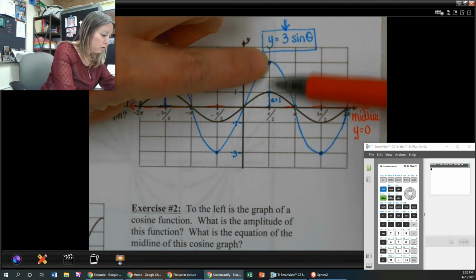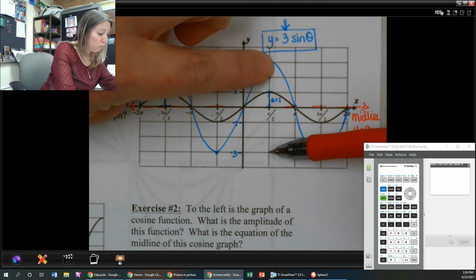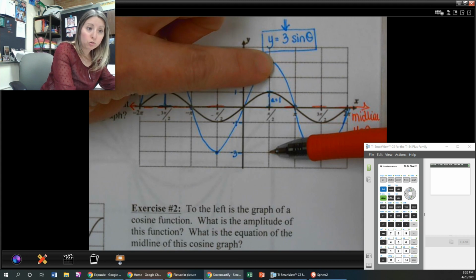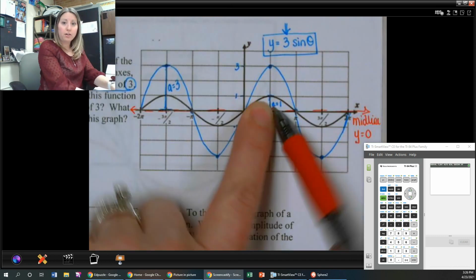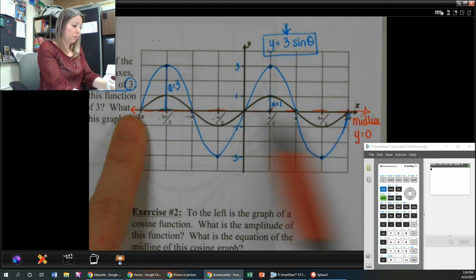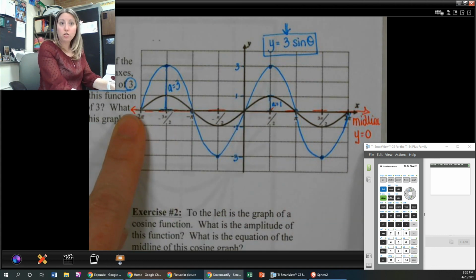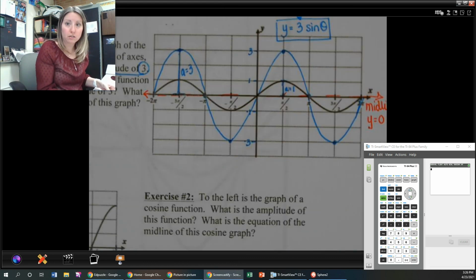So 1, 2, 3, 4, 5, 6. From a maximum to a minimum is 6 places. And 6 divided by 2 is 3. So if I count back in 1, 2, 3, there is my midline. And whatever that value is for y, that's going to be the equation of your midline. Okay? I just wanted to make sure you can see all of those pieces put together.